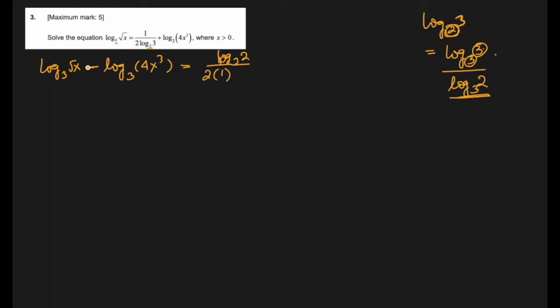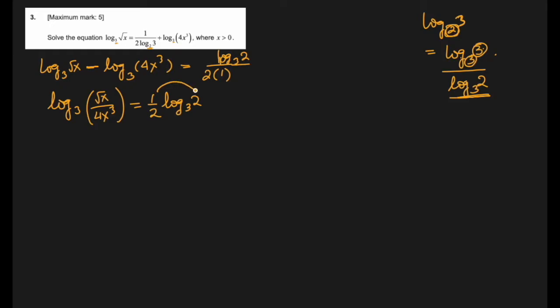Alright. Now these two logs are subtracting. So whenever two logs subtract, we divide the contents. So it will be square root x divided by 4x cube. Right? And here we are left with log base 3 2 and half in front. Yeah, this is base 2, sorry, denominator 2, so it will become half log base 3 2.